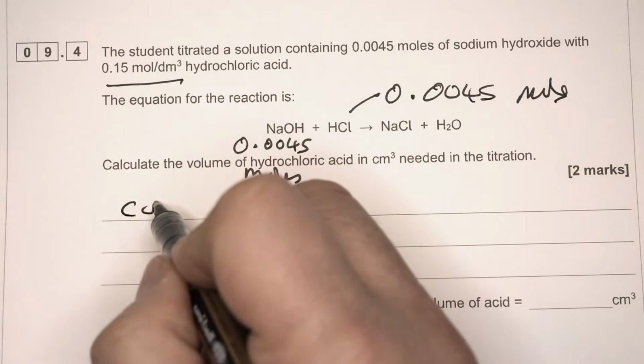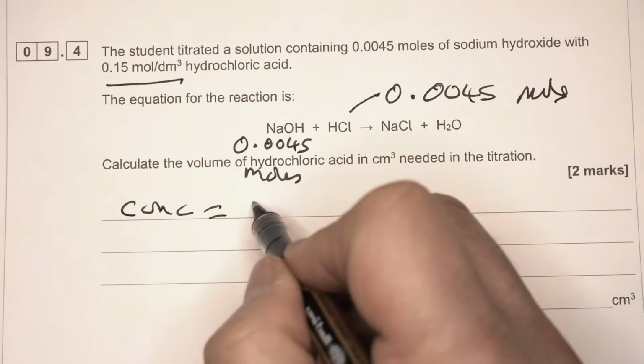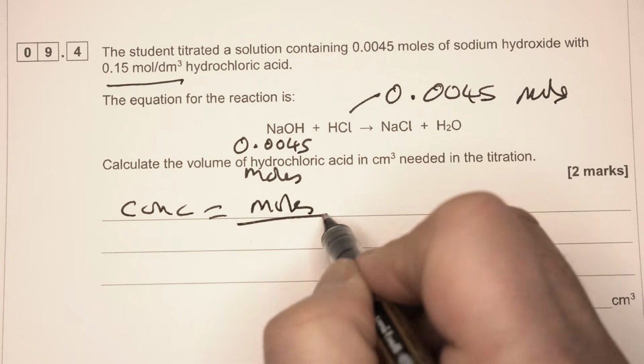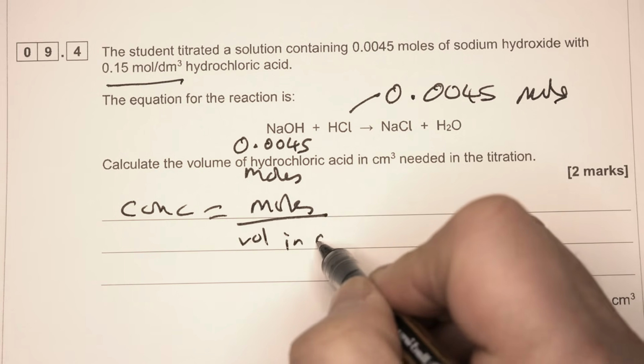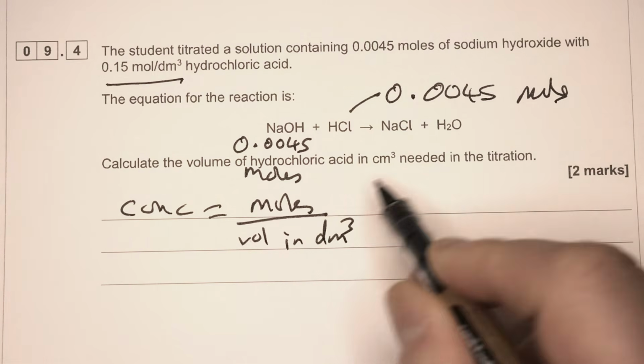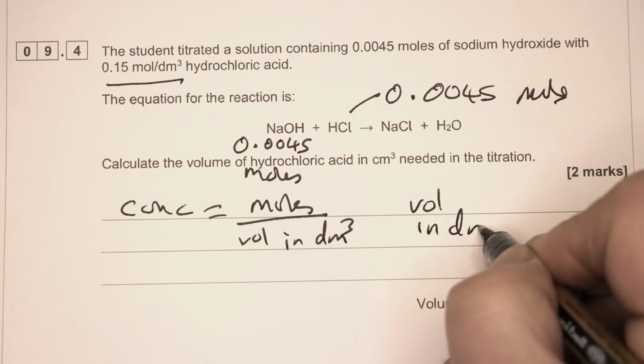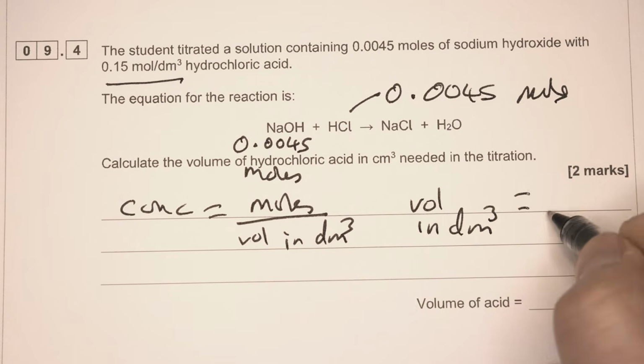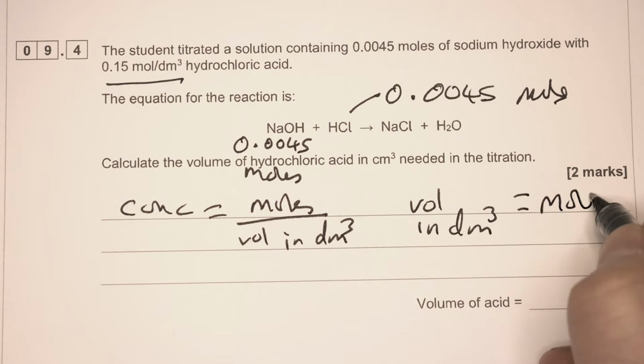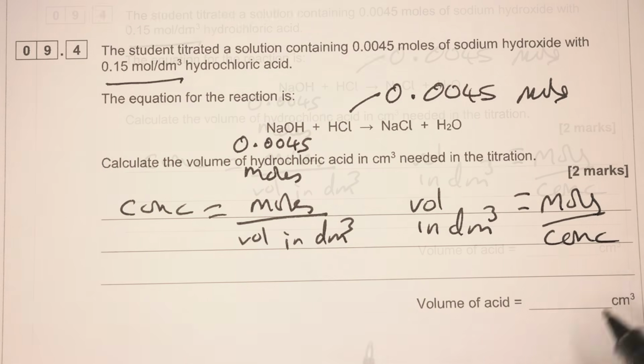Now, concentration equals moles divided by volume in dm cubed. So if we rearrange that equation, the volume in dm cubed equals moles over concentration.